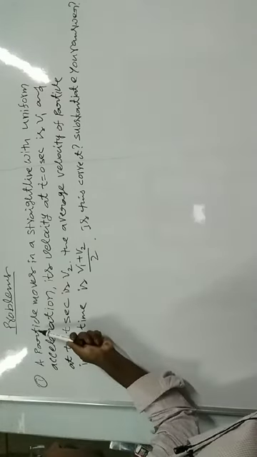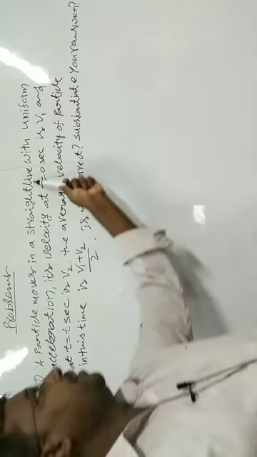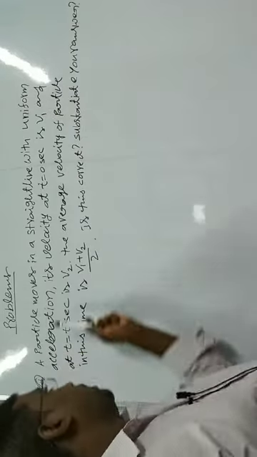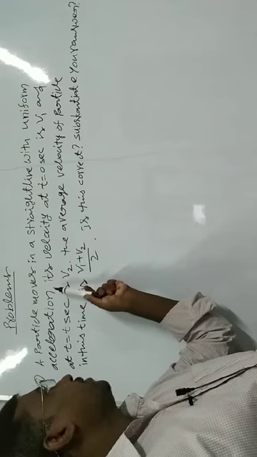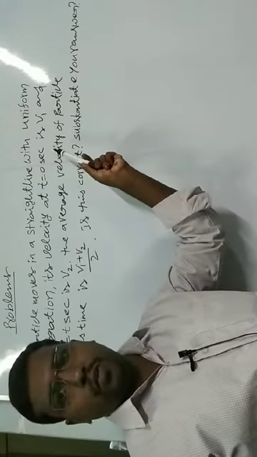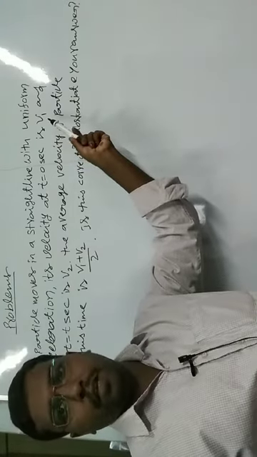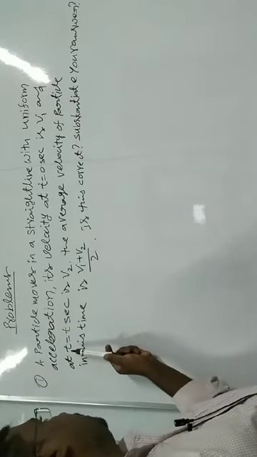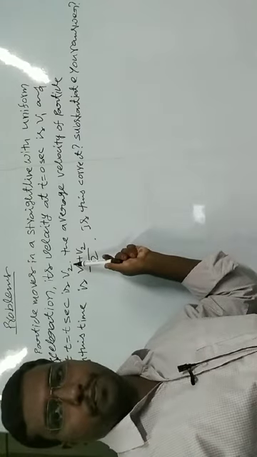A particle moves in a straight line with uniform acceleration. Its velocity at t equal to 0 seconds is v1, and at t equal to t seconds is v2.